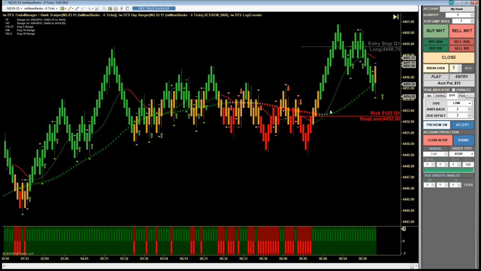Now what I'm doing is I'm trying to give the market some elbow room. I'm trying to give the buyers a chance. Right? So I'm trying to hold my stops far enough away that I can see the buyers come back in and tell me where the buyers are, because I'm a buyer, right?